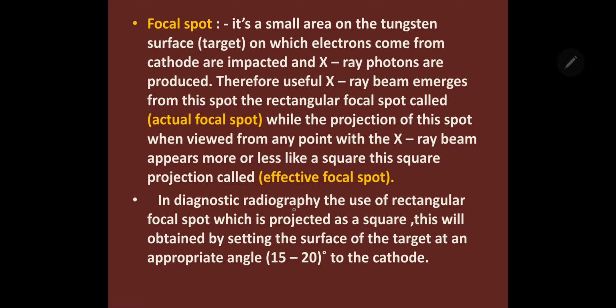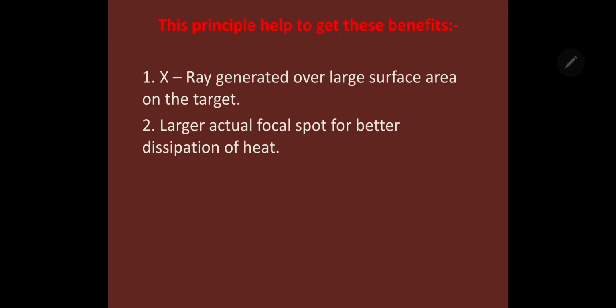In diagnostic radiography, the rectangular focal spot is used, which is projected as a square. This is obtained by setting the surface of the target at an appropriate angle, about 15 to 20 degrees to the cathode. This principle helped to get this benefit.